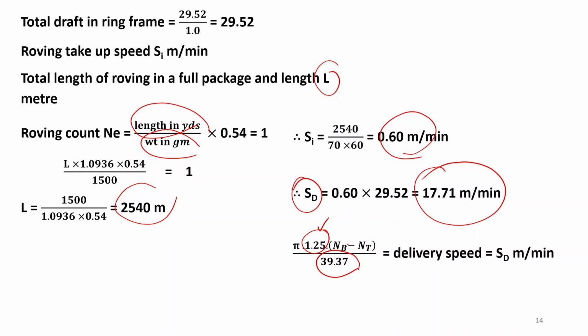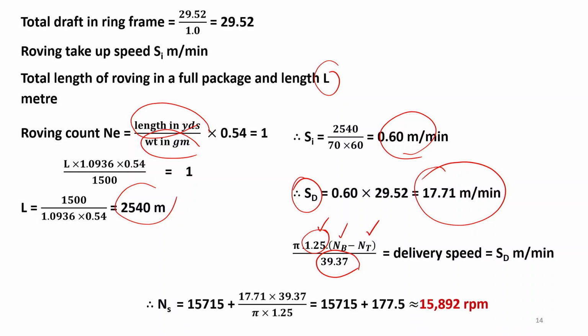So, NB minus NT, bobbin speed minus traveler speed, bobbin speed means spindle speed. So, here the spindle speed is this one, plus the traveler speed, plus all these factors. So, we get the spindle speed as 15,892.